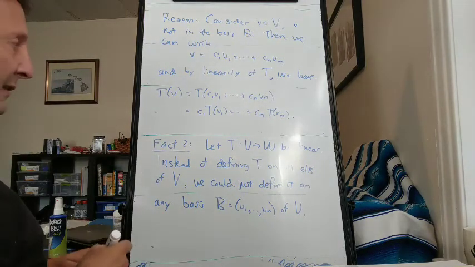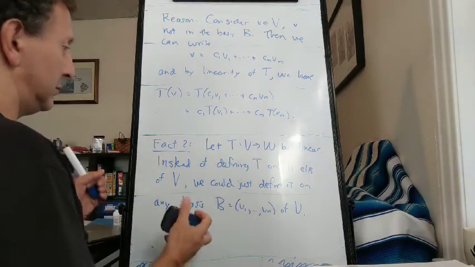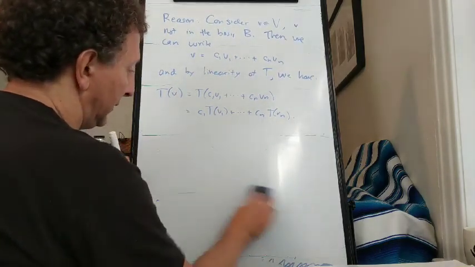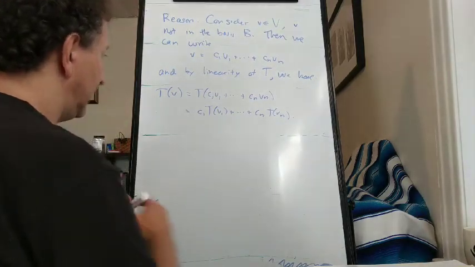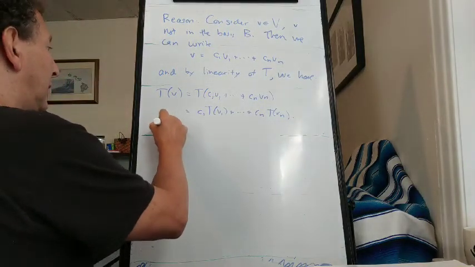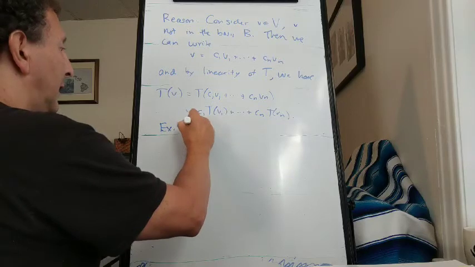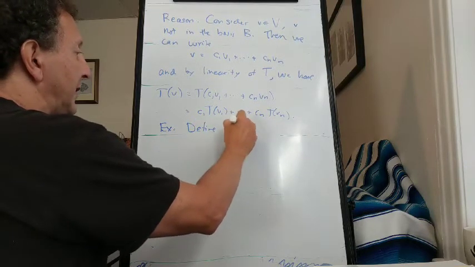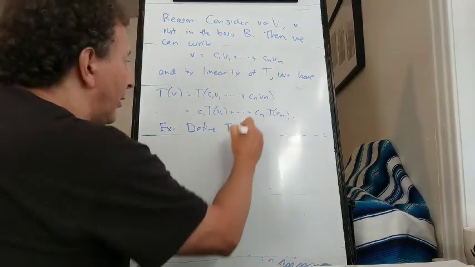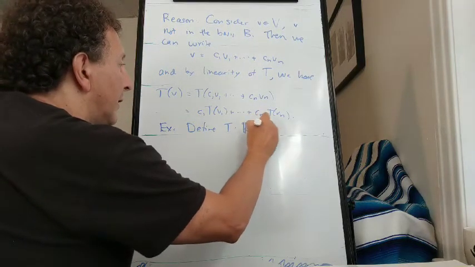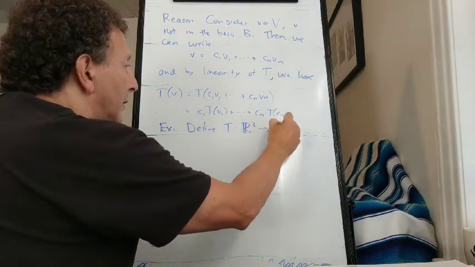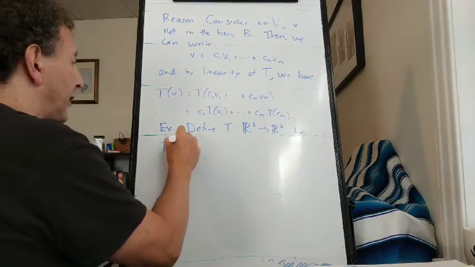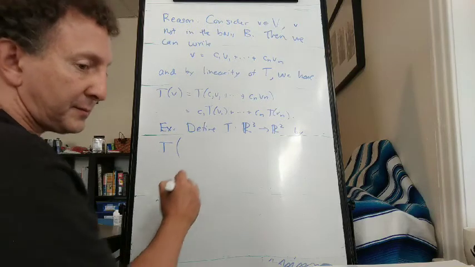So let's do one example of fact 2. Let's say we define T from R3 to R2 by, I'll define it on the natural basis.